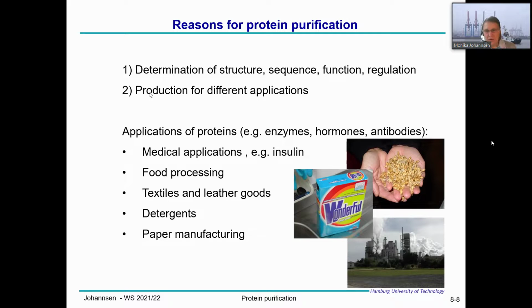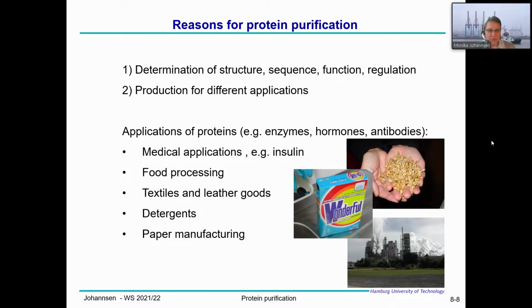This is usually at smaller scale, but there are also large scale production processes of proteins for different applications. Some of them are listed here.